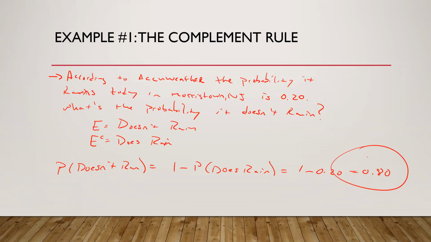So you've all done the complement rule before, right? You've just never put a rule to it. Does this make sense a little bit? Yes. Okay. Let's just do another one real quick.